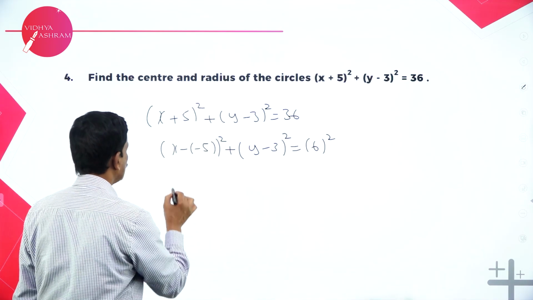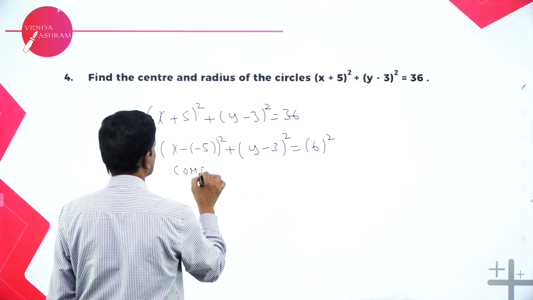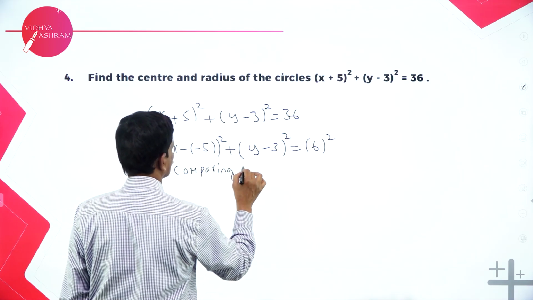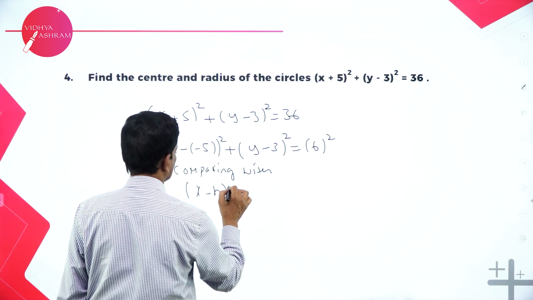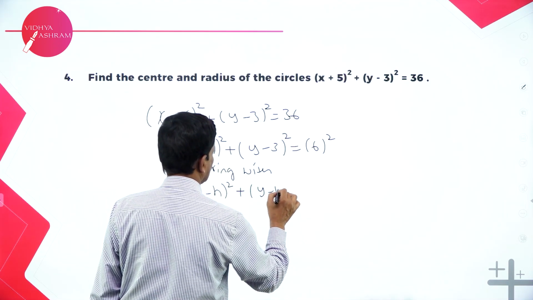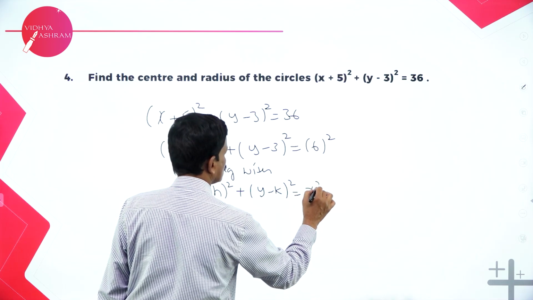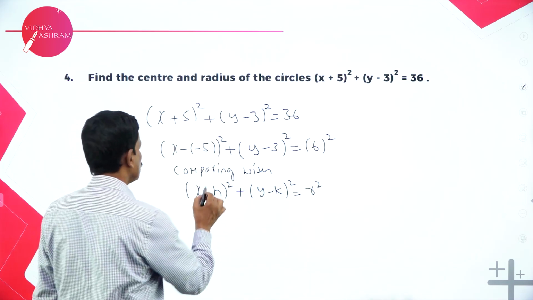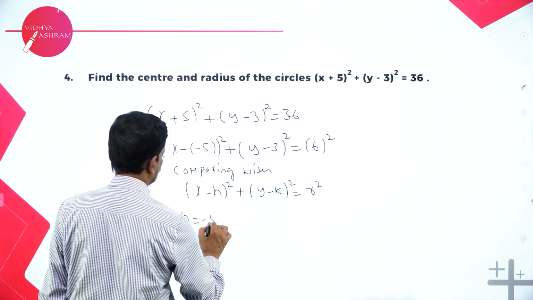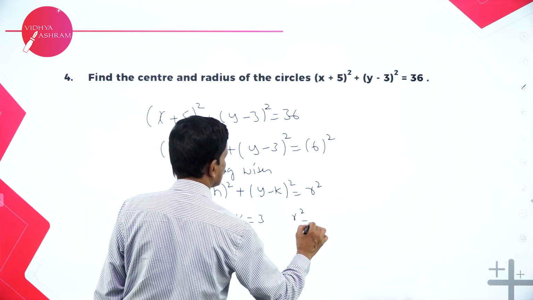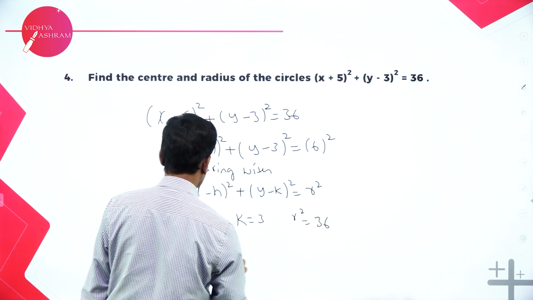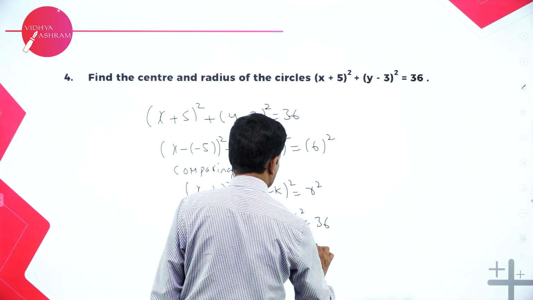Now comparing with (x minus h) whole square plus (y minus k) whole square is equal to r square. What is h? h is equal to minus 5 and k is equal to 3. r square is equal to 36. So therefore r is equal to 6.